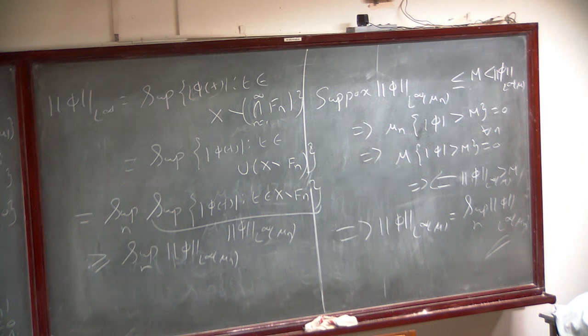That's because it preserves the inner product. Now you can use that U is unitary, so U star is also unitary.